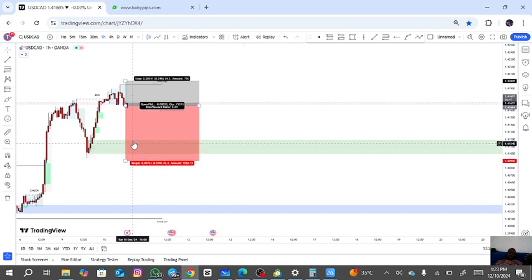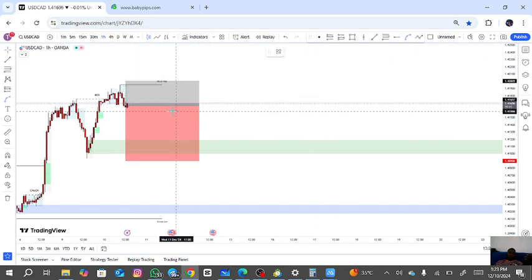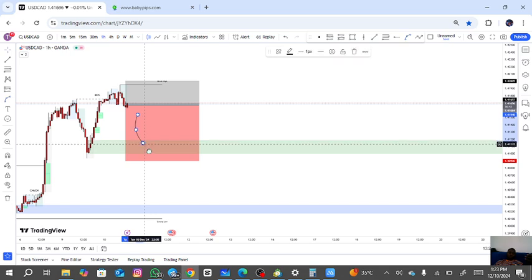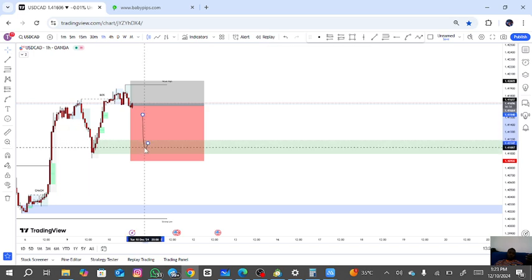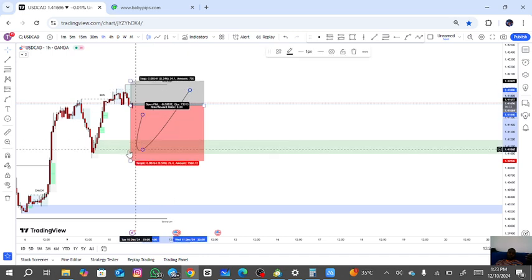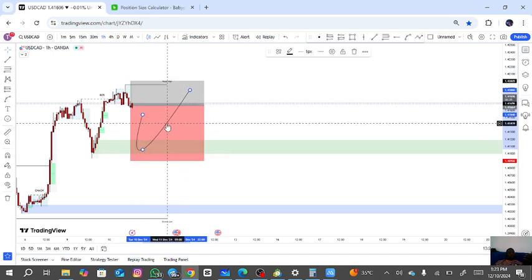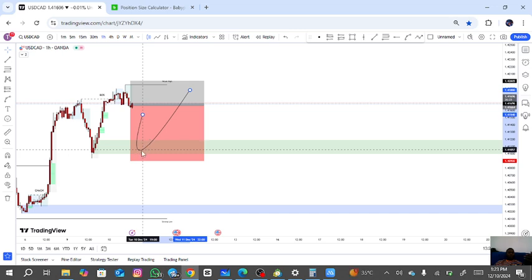You're waiting for price to come down to this support level, right? Once price comes down to this support level, you are going to buy. That's what you are initially waiting for. But right now, price came down to this area.